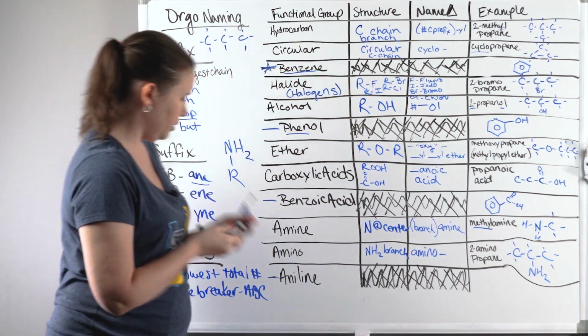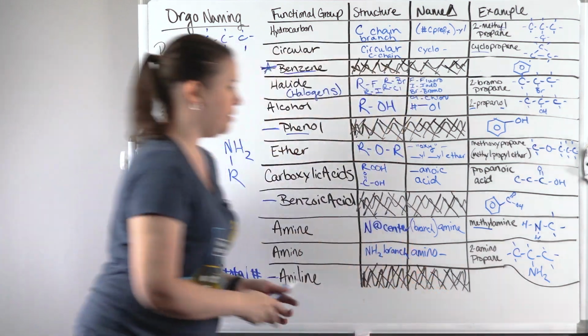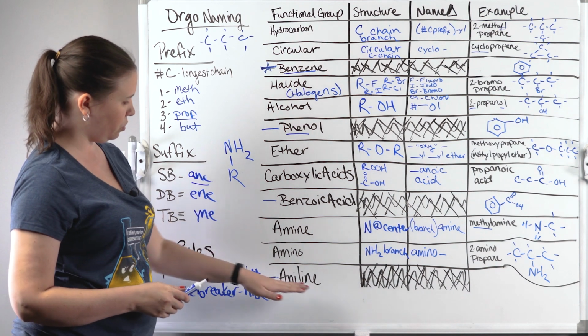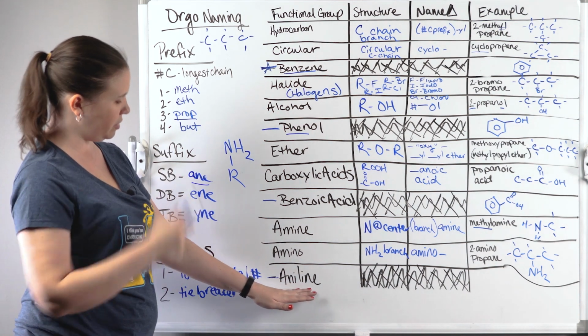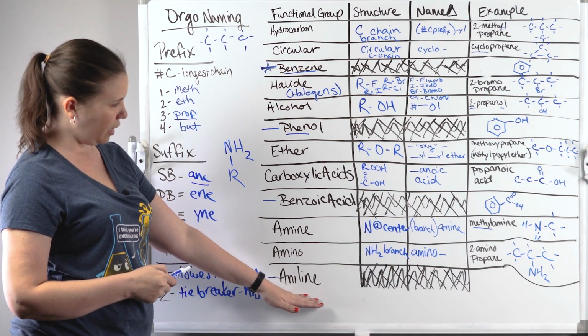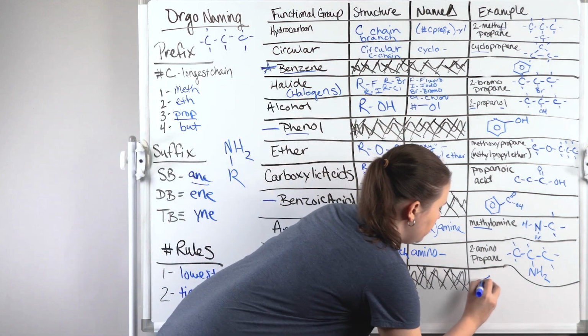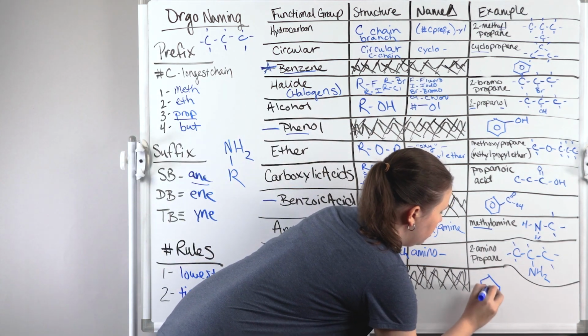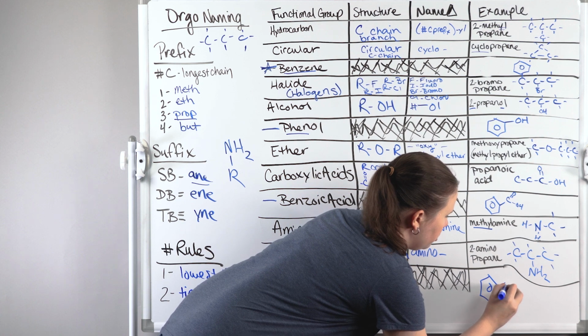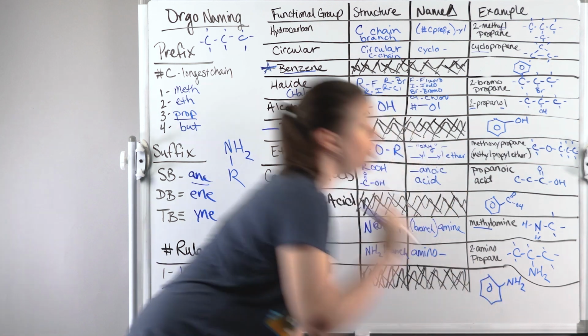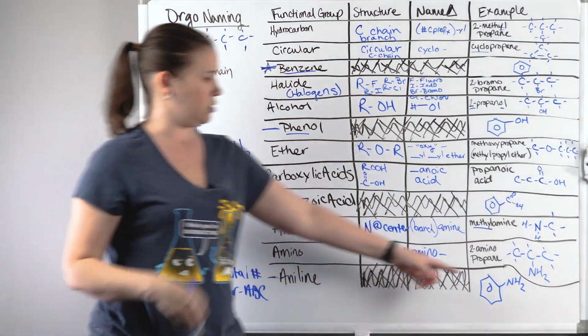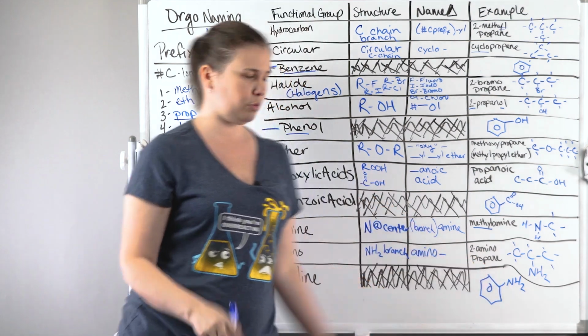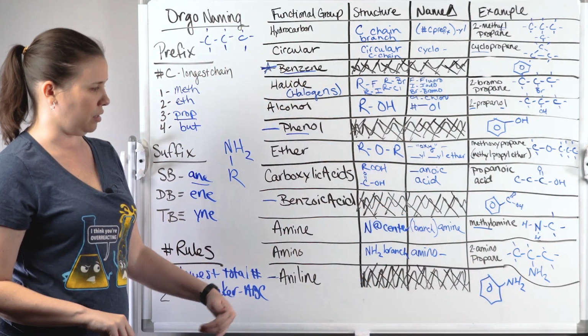And then last but not least, what does it look like if I attach that nitrogen-based group to a benzene group? Then we would call that aniline. So I'm going to start with my benzene. And then I'm going to attach, again, NH2, not NH3. Because the third hydrogen would have to be removed in order for it to jump in with the benzene.